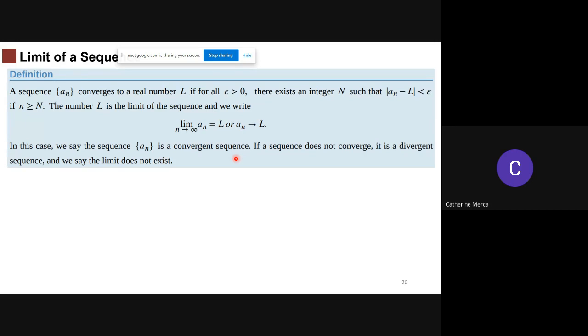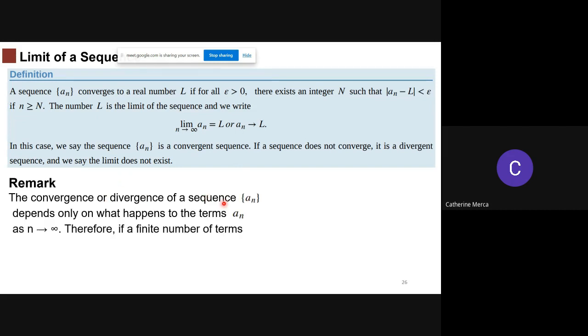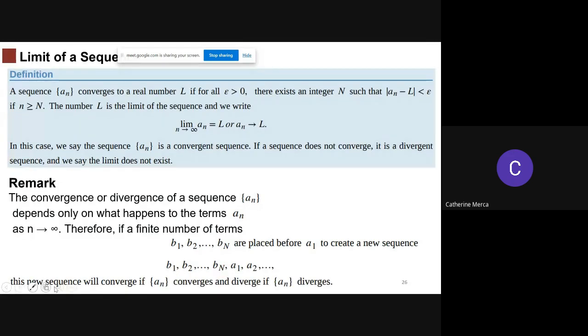So, atuan na lang nato i-remark here that the convergence or divergence of a sequence a sub n depends only on what happens to the terms a sub n as n approaches infinity. Therefore, if a finite number of terms, b sub 1, b sub 2, are placed before a sub 1 to create a new sequence, b sub 1, b sub 2, and so on, then if a sub n is convergent, this new sequence will converge.